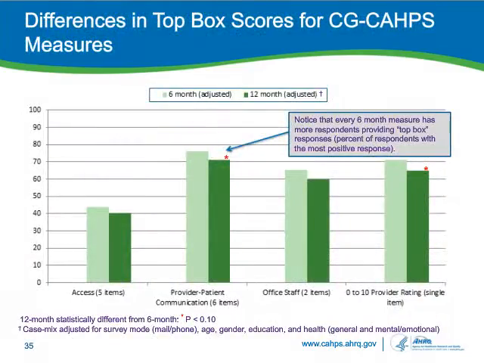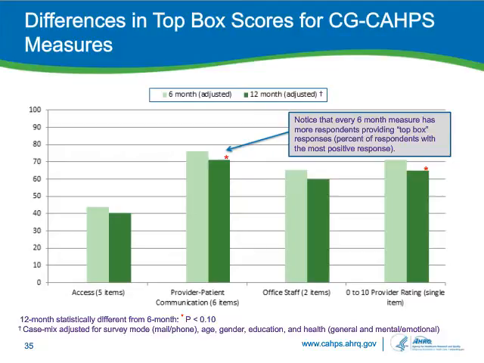And this is in the 2.0 version of the survey. These are the composites that were used. And what this slide shows, and I'm on slide 35, is the top box scores. If you're not familiar with the notion of what a top box is, in a paper survey, people are checking boxes.